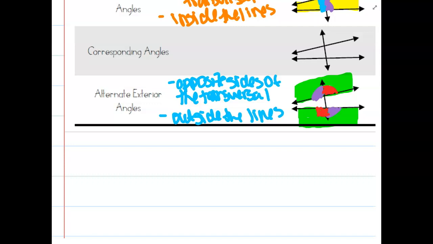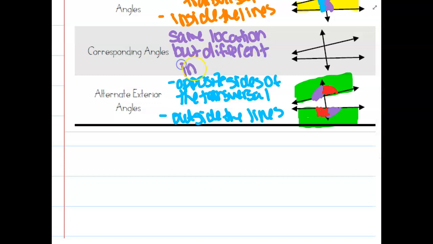Or I could go to 21st and Mays and talk about the northeast corner of 21st and Mays, or whatever intersection I said. Corresponding angles are going to be angles that are in the same location but different intersection. Same location but different intersections.